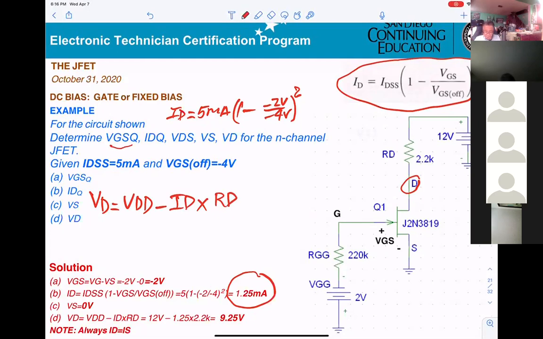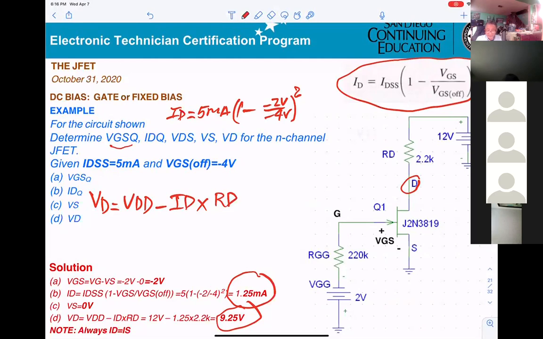You already have RD as 2.2K. VDD will be 12 volt. So if you do it right, you can get VD equal 9.25 volt. And if you want VDS, then VDS will be equal to VD minus VS. And VS will be equal to 0. So VDS equals VD.